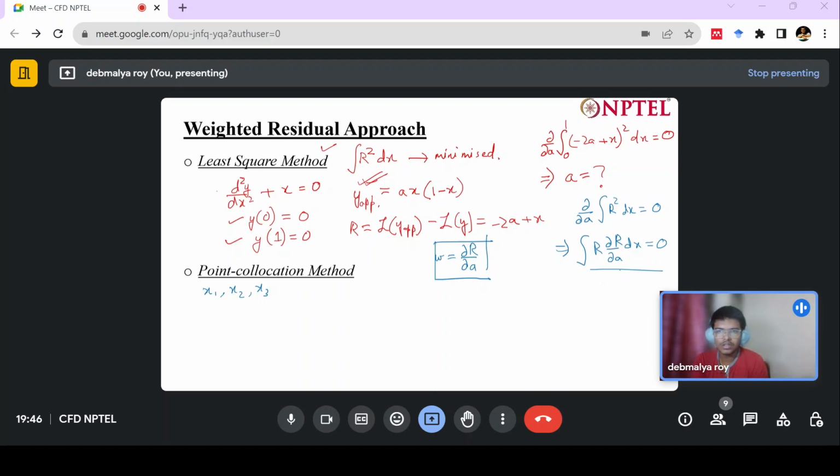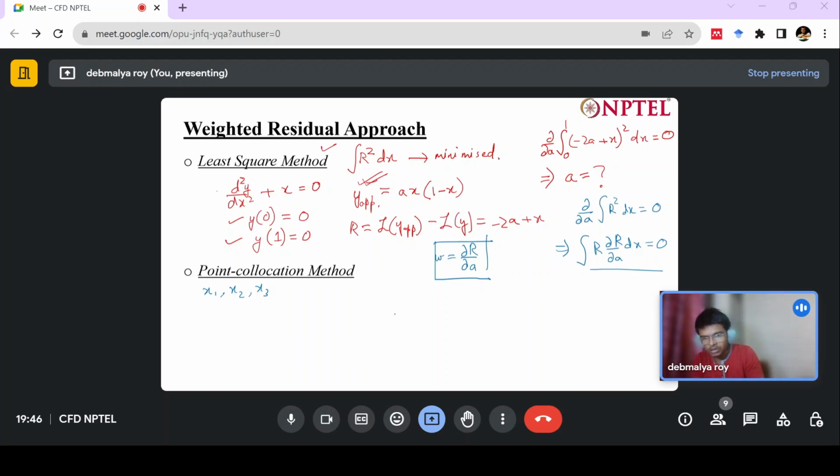When you do partial differentiation with a1, you will get an equation in a1 and a2, and with a2 you will get another expression. From there, with two equations and two variables, you can solve it. Similarly, if you increase the number of parameters, you will get more equations, computation will increase and your accuracy will also increase. So it is not necessary to take only one parameter. You can take multiple parameters as well.